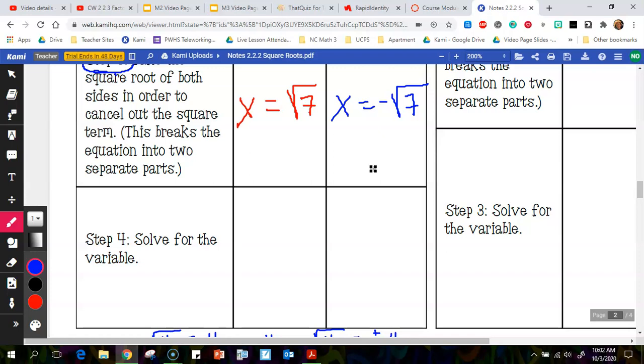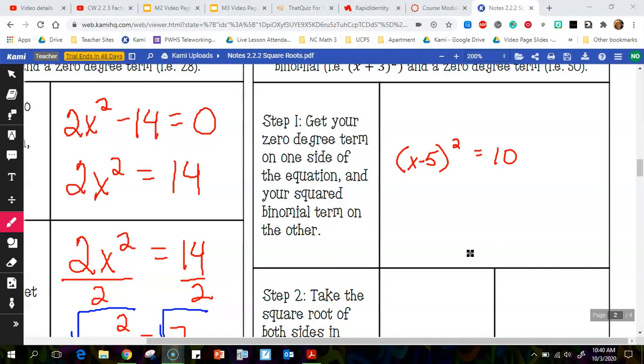But if you did, then on this side you would say x approximates to 2.646. And if you looked at that decimal on the calculator, you would see it doesn't repeat. There's no pattern to it. Or x approximates to negative 2.646. So let's say you have an equation like this where you've got this binomial and that whole thing is squared.